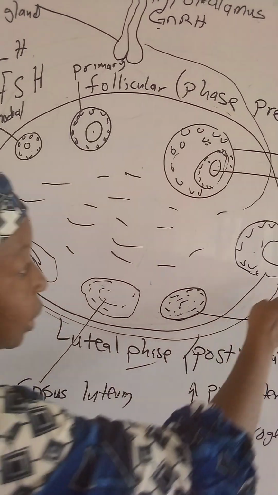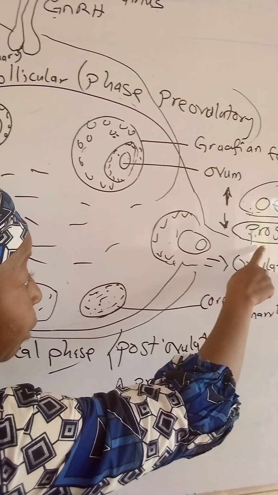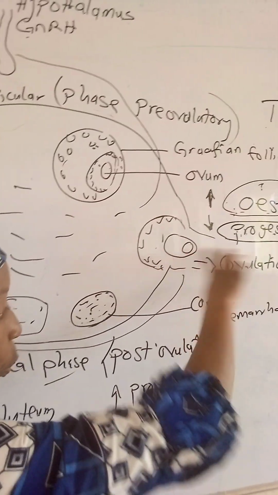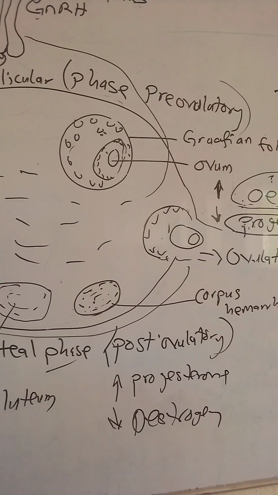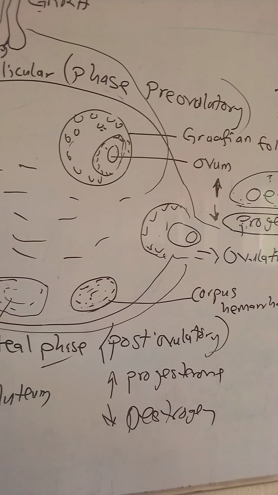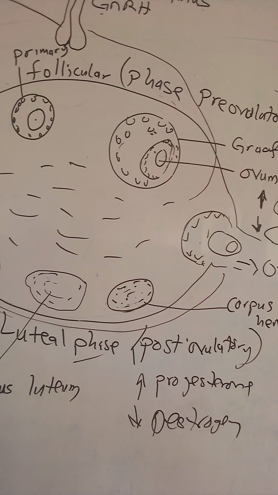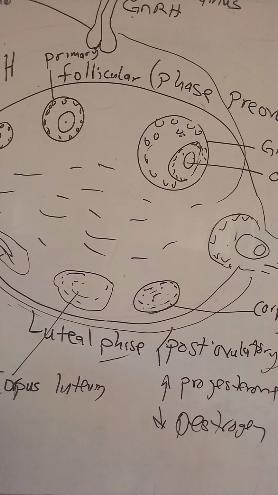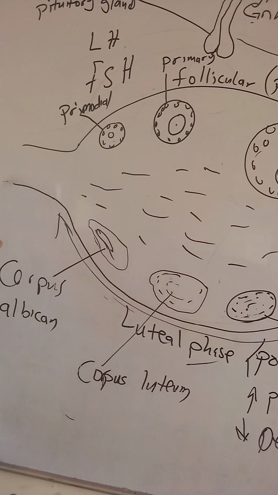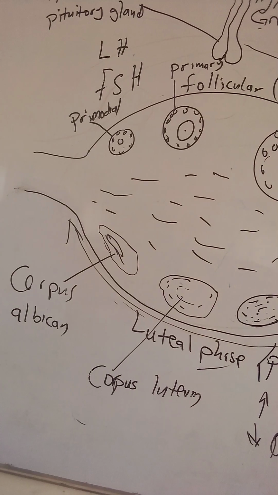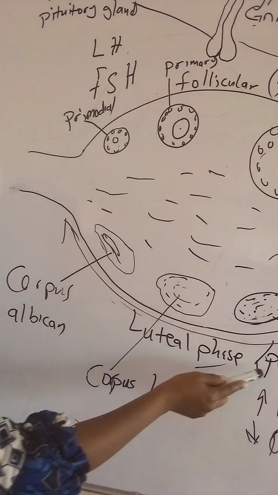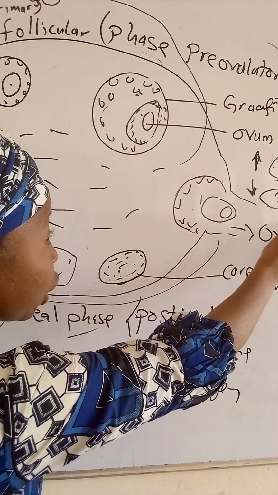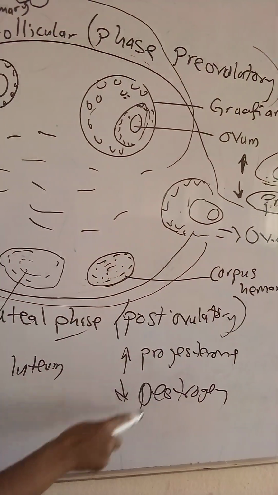Remember, I told us initially that the progesterone helps in thickening the endometrium. It multiplies and then supplies the endometrium, preparing it for fertilization. So once fertilization has not occurred, the level of this progesterone will drop, and that is what will lead to the endometrium shedding away, because the progesterone that helps in thickening it and maintaining it and nourishing it for fertilization has now dropped.